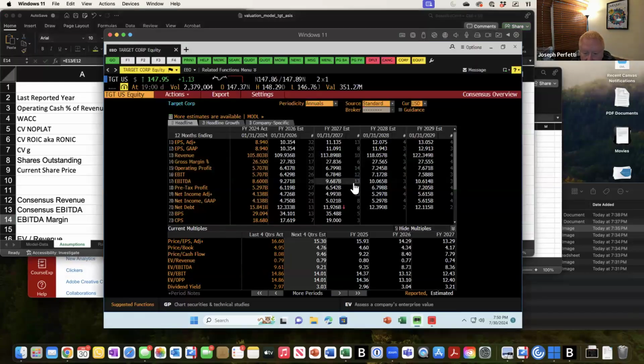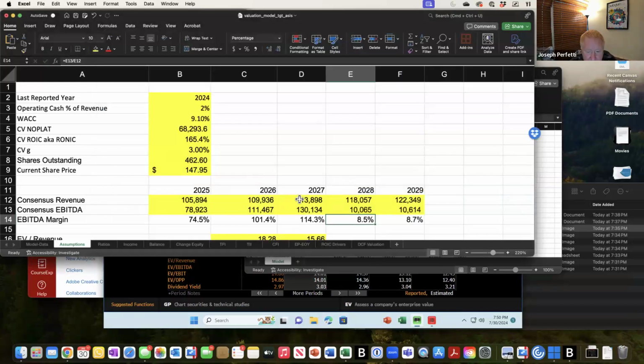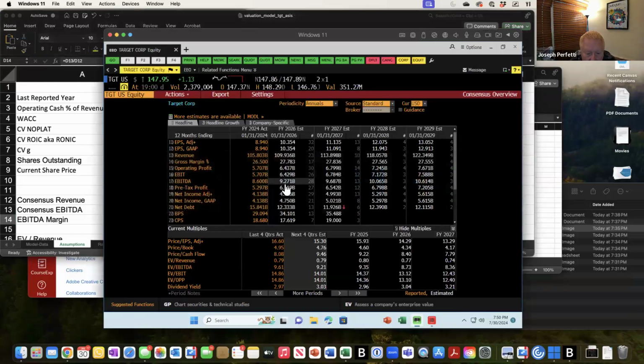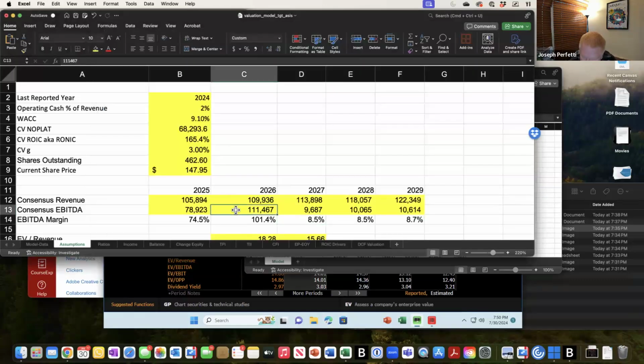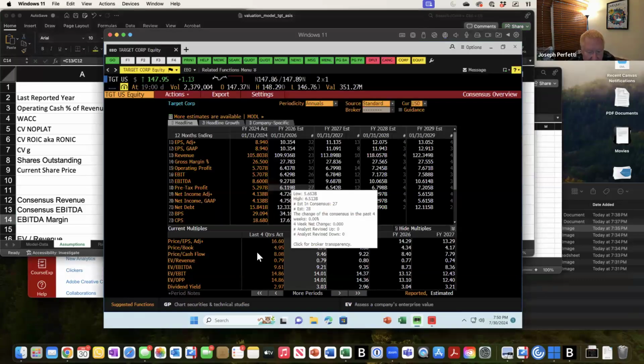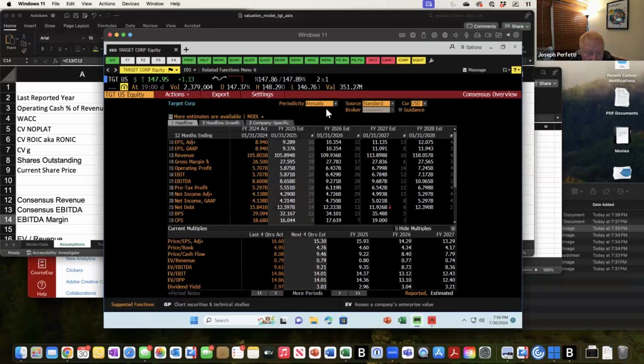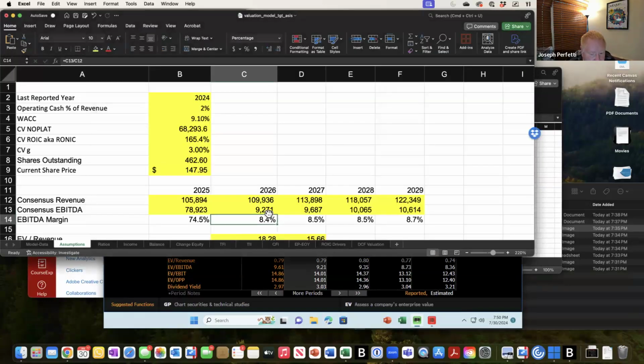Year 3 is 96.87. Then 92.71. For 2025, EBITDA 86.58.